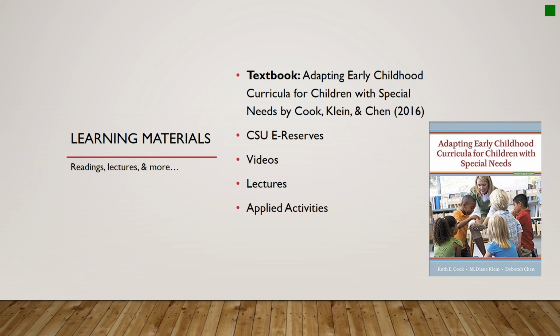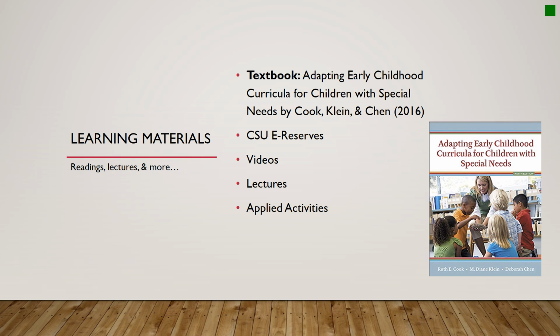Now we're going to briefly review some of the learning materials that we're going to use in the course, starting with some of the readings. And first, of course, we have the textbook, which is Adapting Early Childhood Curricula for Children with Special Needs. And this course textbook really provides a nice history and general overview of special education for all ages in early childhood.